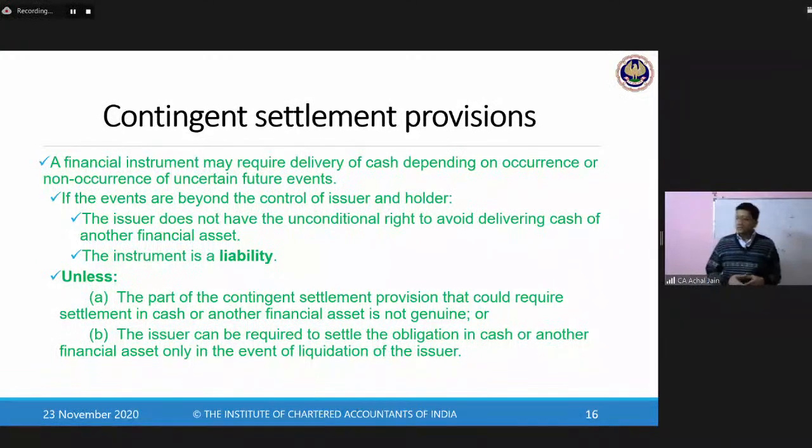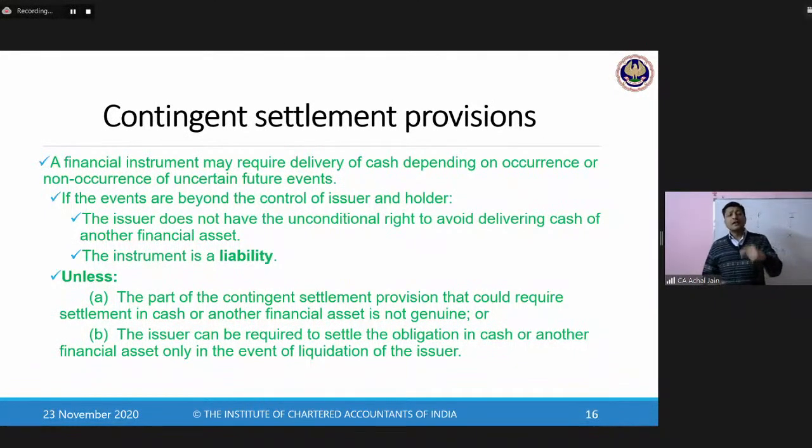Now, in such a case, what do we do? If the issuer thinks about it, what will he say? He will say that I don't know whether this future event will occur or not. That's uncertain. But in case this gets triggered, then I may be required to pay cash. And what would it mean? The issuer is in a situation wherein he cannot avoid payment of cash in every situation.